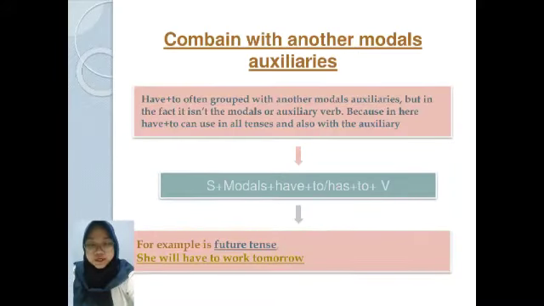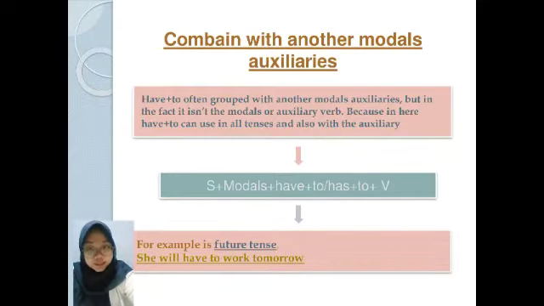And we can use have plus to or has plus to with other modal auxiliary verbs, but in fact it's not a modal verb or auxiliary verb, because we can use have plus to in all tenses with all auxiliary verbs.